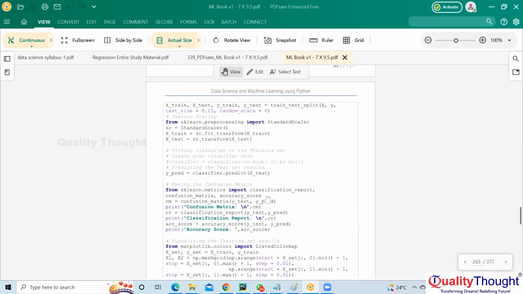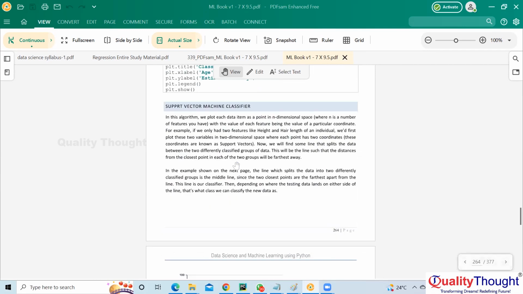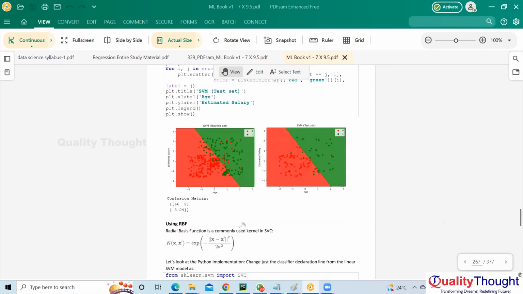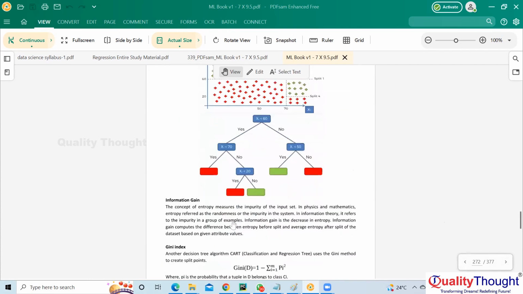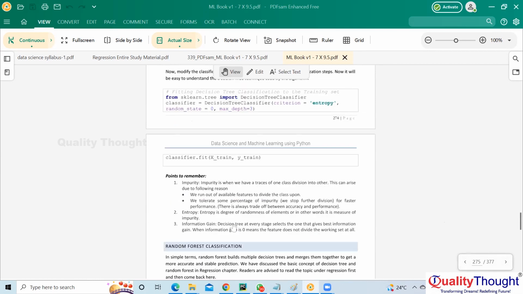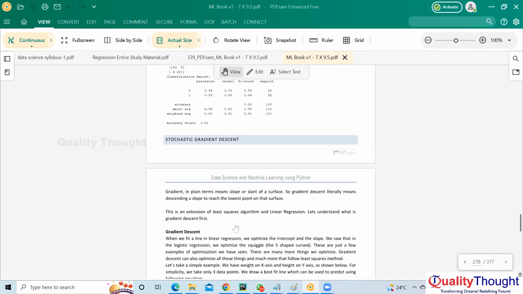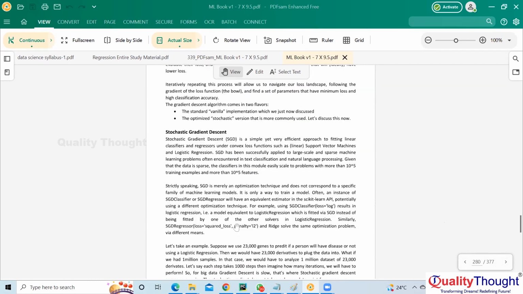So this is the data set we'll take, and the output is done in the confusion matrix. The confusion matrix is the output. Now we will do all this. Let's see this. Training and test for classification. Here also we have training and test.